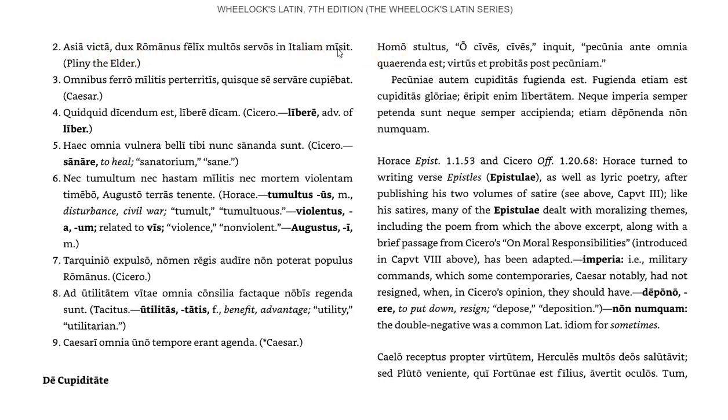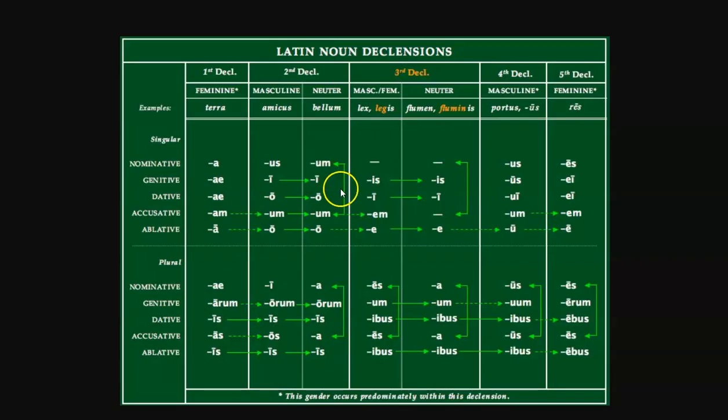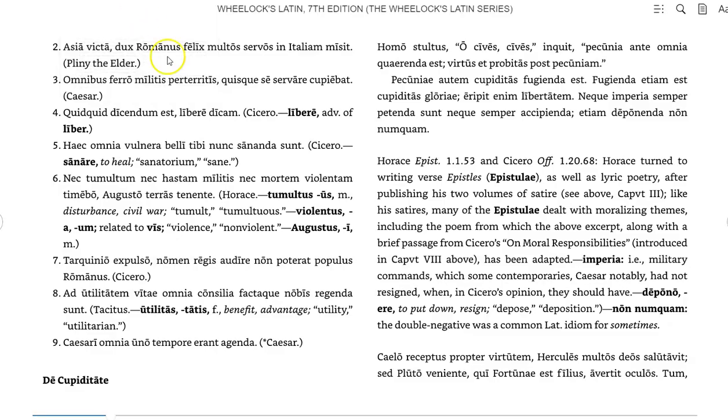We need to be able to recognize this as the third principal part of mitto, M-I-T-T-O, which is past tense. So the happy Roman leader sent many servants. So there's our multos servos. That is our second declension accusative plural. That's our direct object. And so who's sending whom? Well, he's sending servants. So you can see this one's fairly straightforward. The key in this one is the ablative absolute, recognizing to translate this in the past because it's a first declension ending. The next one is a little bit trickier.